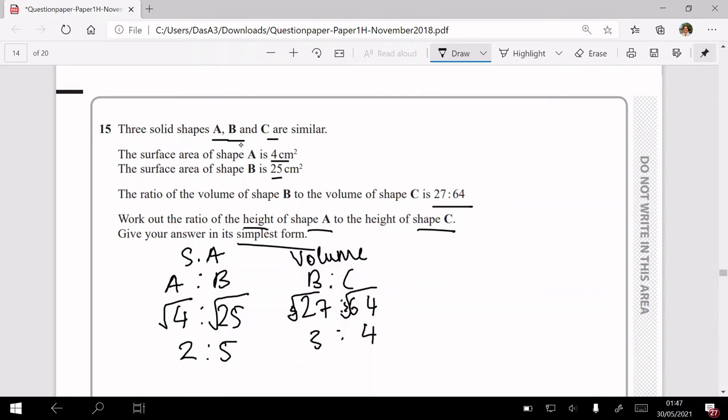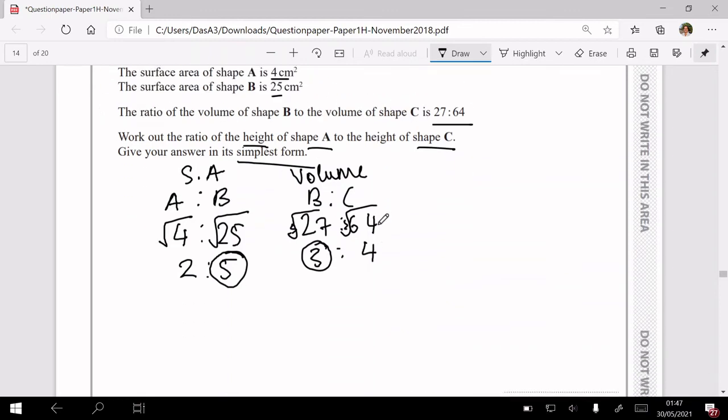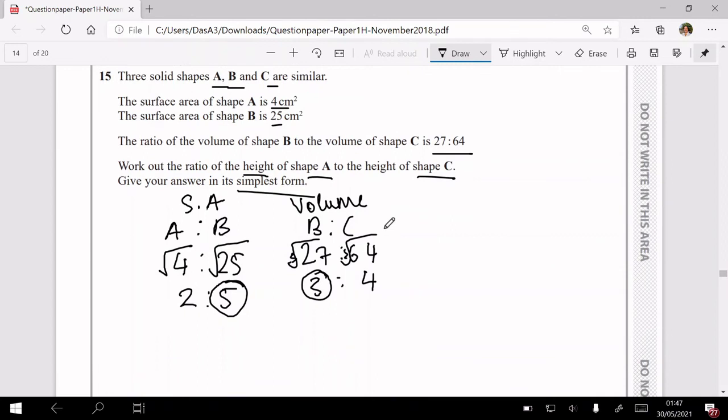Now you need to find a common multiple of 5 and 3, which is 15. So you multiply 2 to 5 by 3, and multiply 3 to 4 by 5.